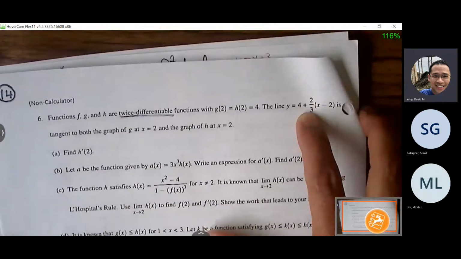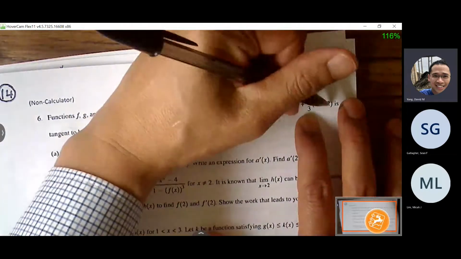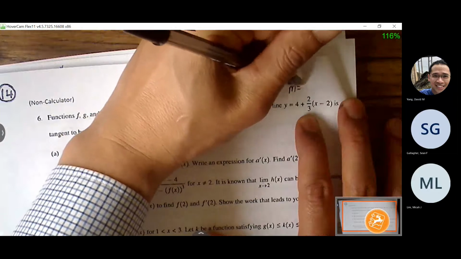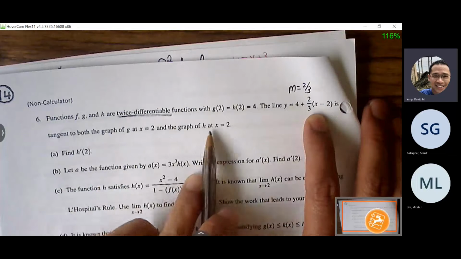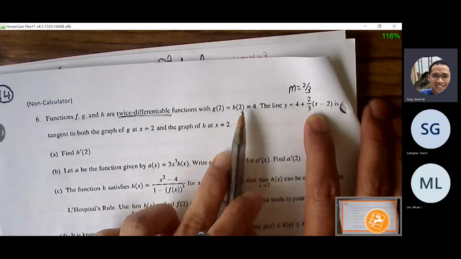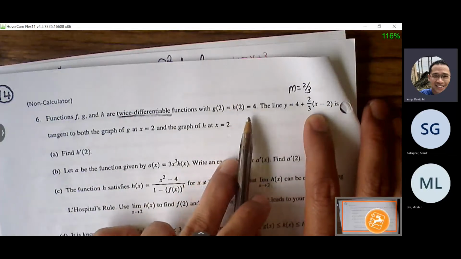So I know based off of this line has a slope of 2/3, right? y equals mx plus b. And if this line is tangent to the graph of g and h, then it must skim the surface in a way that will make it share the same slope.